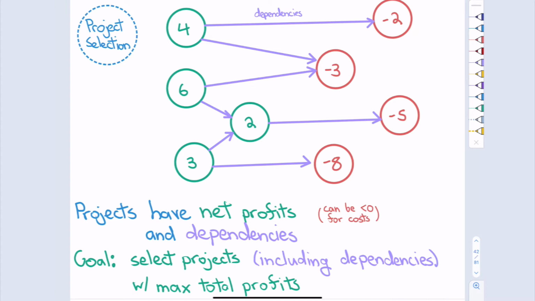My goal is to choose the subset of projects that maximizes the total profit, but I have to include any dependency. Here then is an example, and I'll give you half a minute to try to come up with a set of projects that includes all of its dependencies but maximizes the sum of numbers.